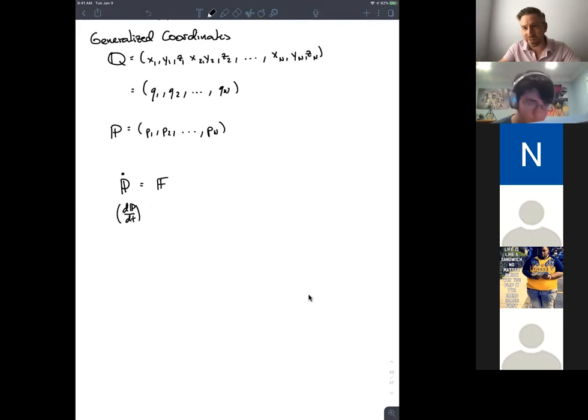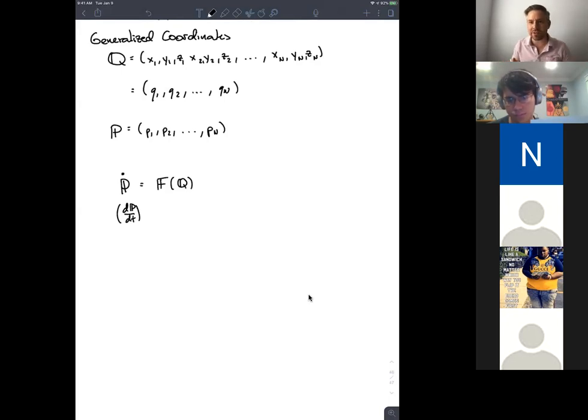If I know the forces that are acting, that tells me the time derivative of the momenta. And in general, these forces are going to be a function of position. For example, if they hit the walls of the box, then there's going to be a force from the ball on the wall and the wall back on the ball that's going to cause them to rebound. So in general, the forces are going to be functions of the positions.